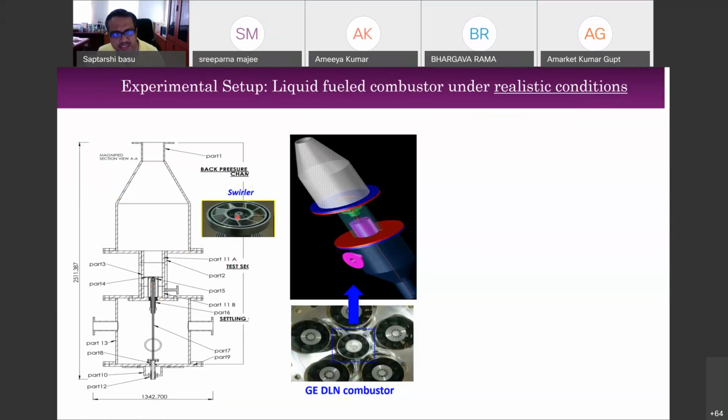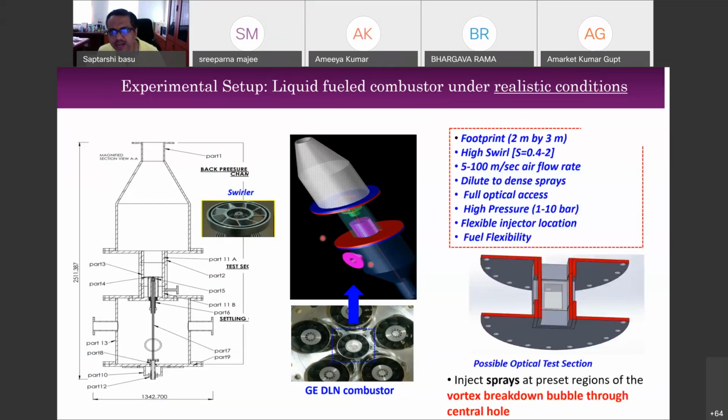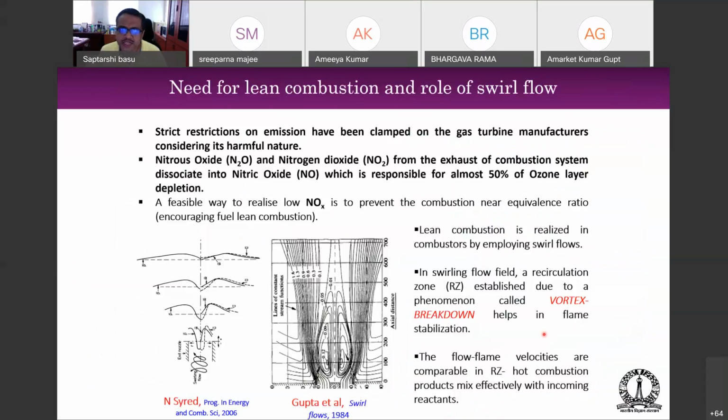As you can see, these are the swirl, and this is the fuel that comes out of it. And then you can have a very high swirl configuration, anywhere between 0.4 to 2, with very high airflow rates. And we have full optical access, and we can test how this flow interacts with the swirling airflow. So let us look at something which is very interesting now.